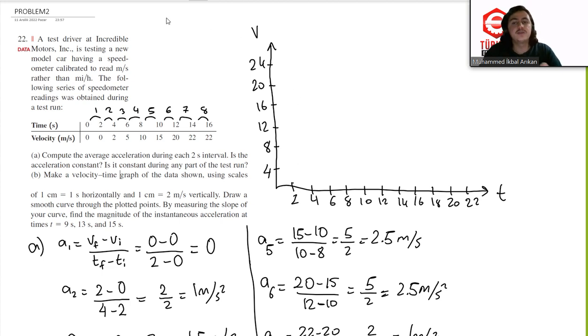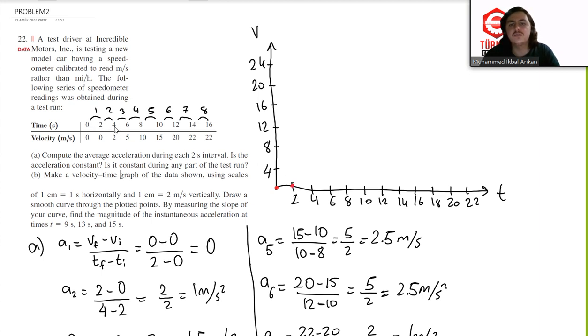Okay, so my first point, when time equals 0, our velocity is 0. I will just put the points here. So the first point is here. What about the second point? The velocity is actually the same as the first one, 0, when time equals this.